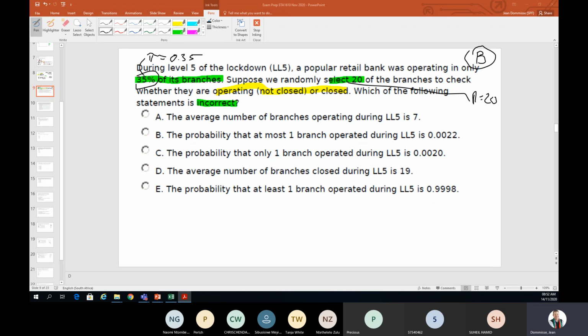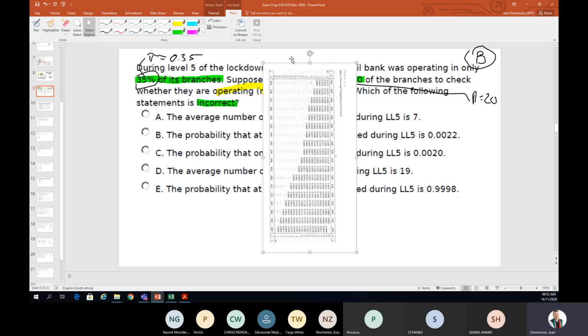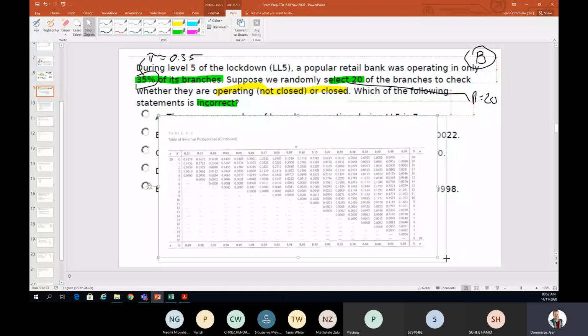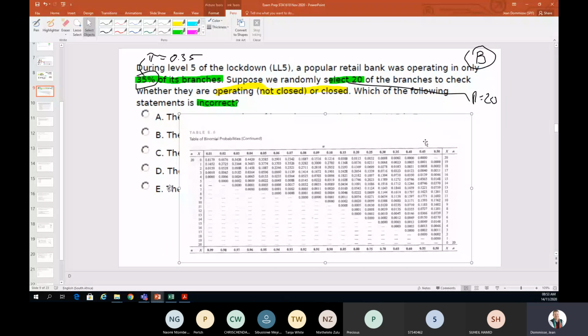So n is 20, and I want to work with 0.35.